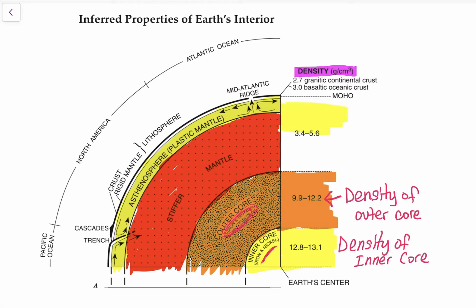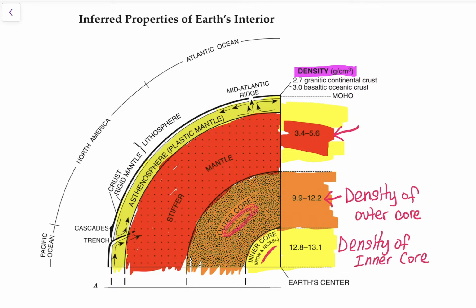So the density for the stiffer mantle and the asthenosphere is here on the side. What is the density range for these layers?